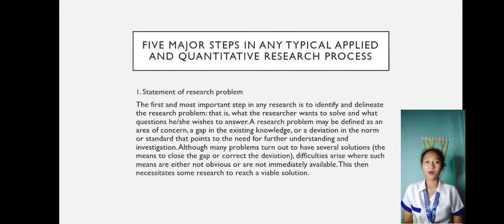Although many problems turn out to have several solutions, the means to close the gap or correct the deviation, difficulties arise where such means are either not obvious or are not immediately available. This then necessitates some research to reach a viable solution.